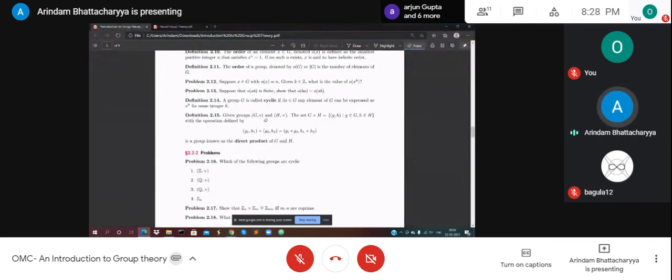So x can't be the identity. If x is the identity and G is cyclic, then G has to be the trivial group consisting of only one element.